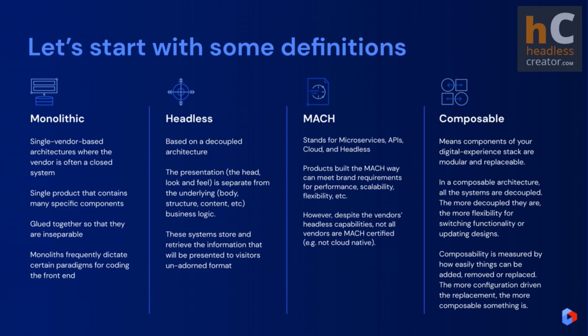Now, MACH is an acronym. It stands for Microservices, APIs, Cloud, and Headless. And it was really a way of vendors helping identify themselves. A nonprofit org came out of this to ask what is the difference between some of the folks that were born in a pre-cloud era versus these newer vendors born in a post-cloud era, where everything was cloud native, everything was built to be purely microservices, versus the vendors that are trying to immigrate into this new cloud space.